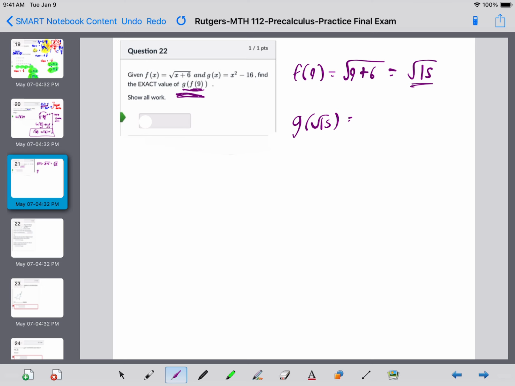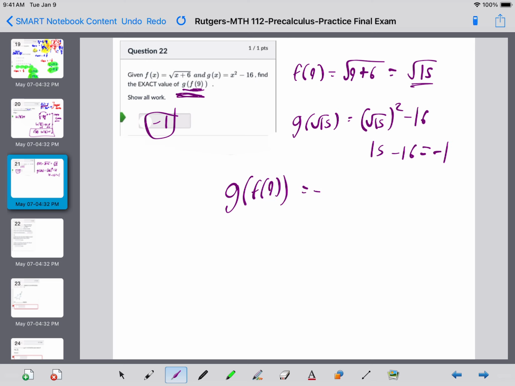So you're going to plug in the square root of 15 wherever you see x. So square root of 15 squared minus 16. That would be 15 because square root cancels out the square. Minus 16 equals negative 1. So that's your answer. If this was a short response, I would probably rewrite the question and say the function composition at x equals 9 equals negative 1. Alright?